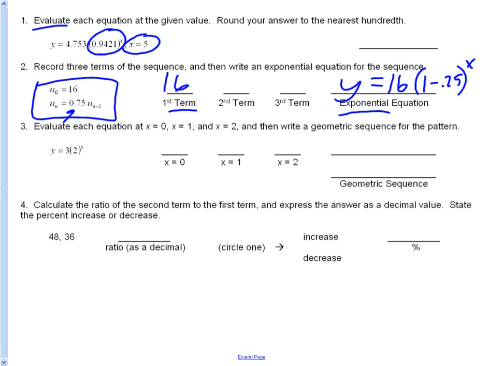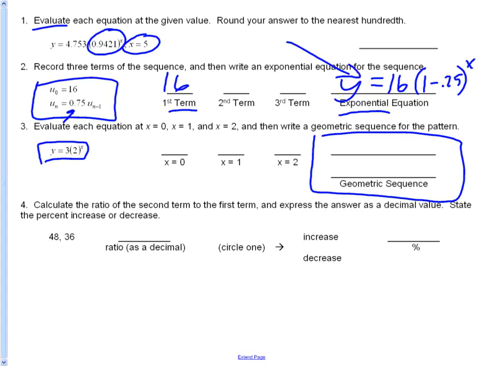Same idea, it's just giving you an exponential and asking you to write a geometric sequence for it. So it's like backwards. It's giving you this kind of a thing, and then it wants you to write one of those kind of things. I'd like you to try that while I pause. So since the starting value was 3 there, we go u sub 0 equals 3. And then this 2's got to come in handy somewhere.